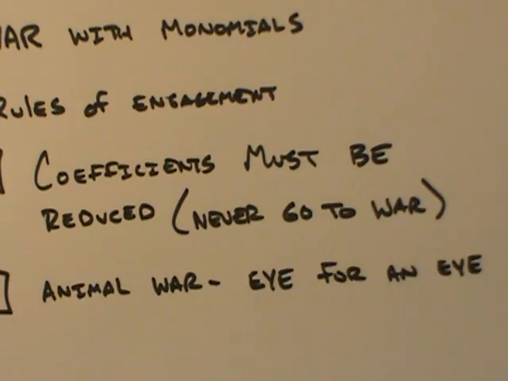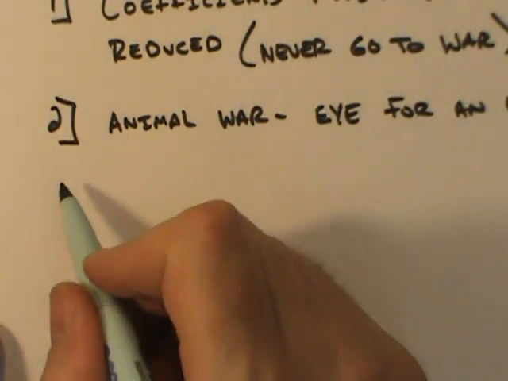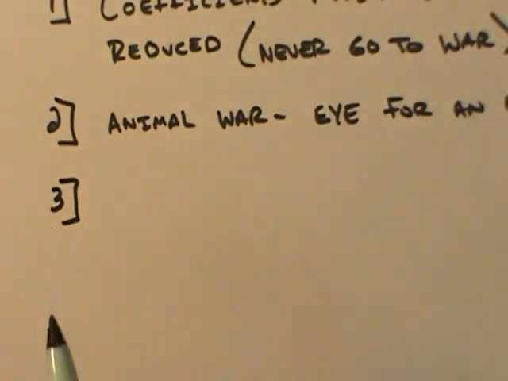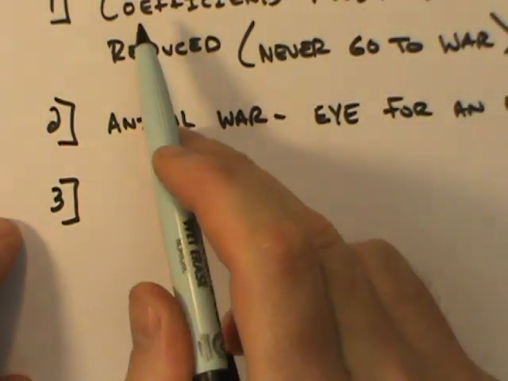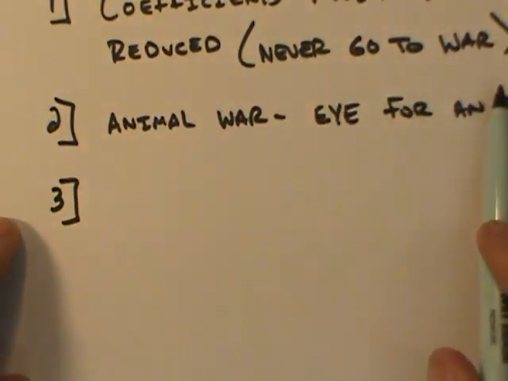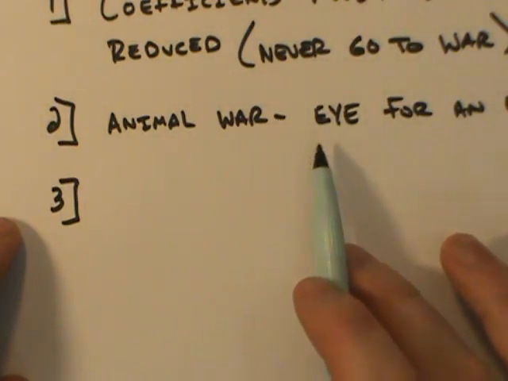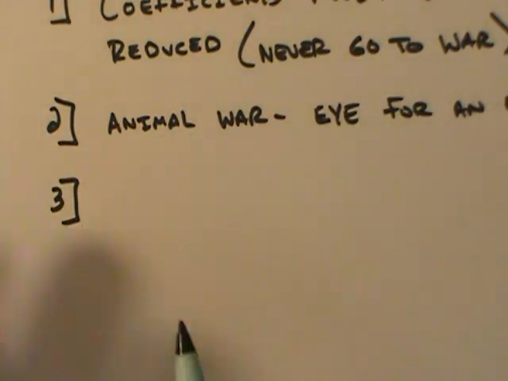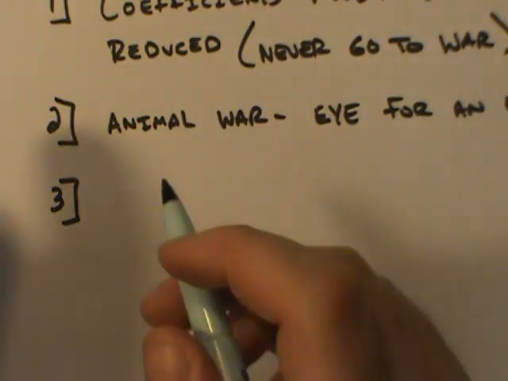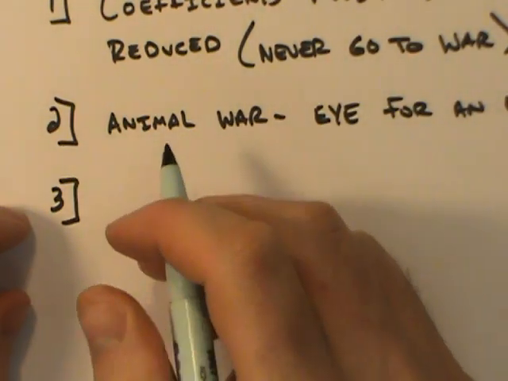Rule number 3. Coefficients, we said they have to be reduced. They never go to war. Animal war is an eye for an eye. And then rule number 3 says that you can have traitors in the game.